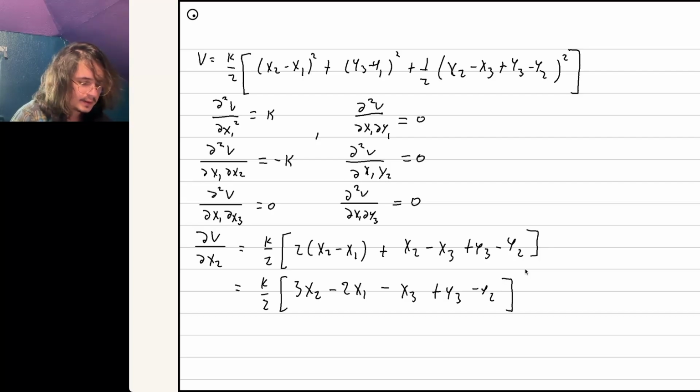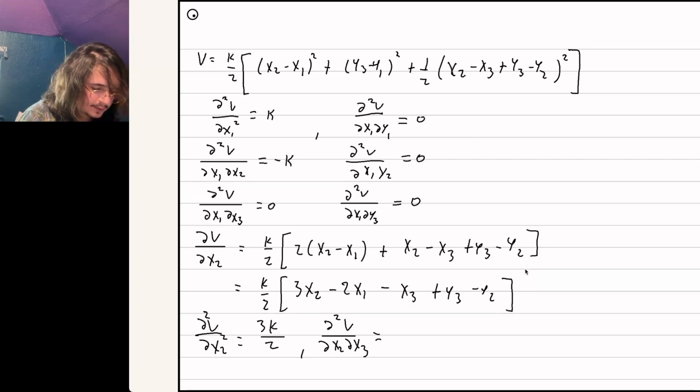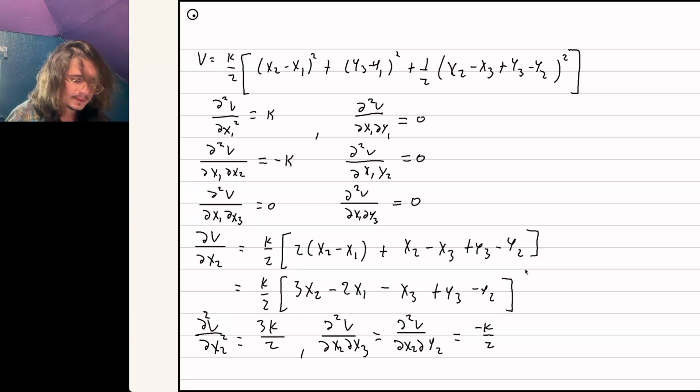Okay. So we don't have to do x1. We do have to do the second derivative with respect to x2, which is now 3k over 2. And then with respect to x3 next, which will actually be the same as when we do it with y2. Minus k over 2. Okay.